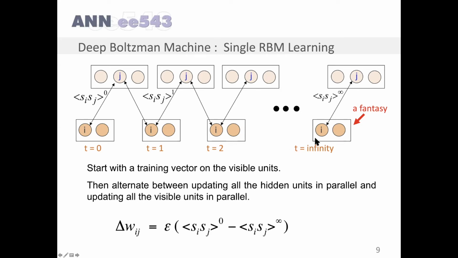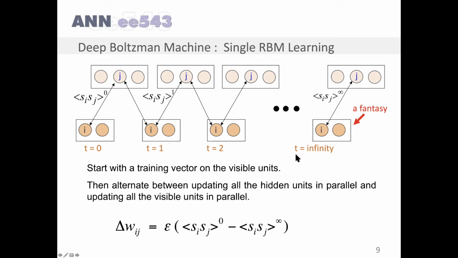The output of the neurons at the visible layer is called a fantasy. Then for each pair of visible unit and hidden unit, Si, the output of neuron I, and Sj, the output of neuron J, we find the expected value. This corresponds to step 0, and this is repeated for step 1 and up to step infinity. These expected values are calculated by repeating this operation several times.